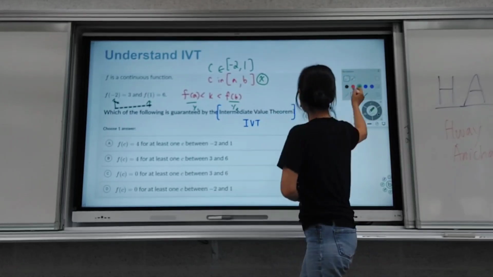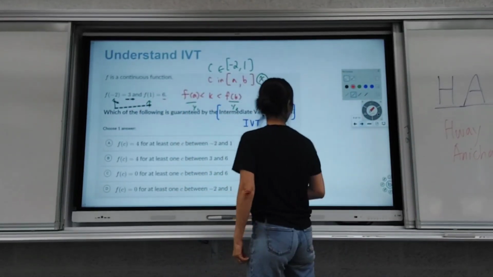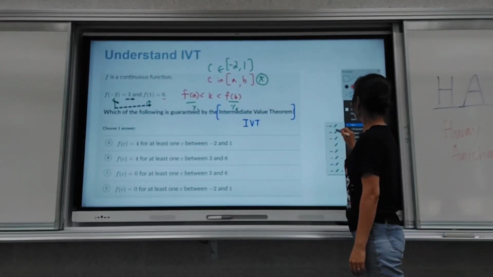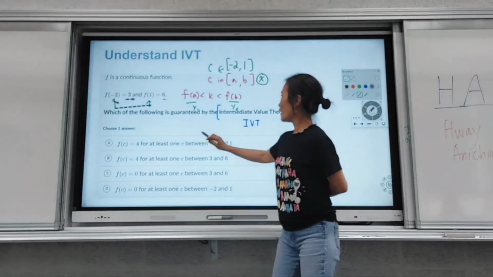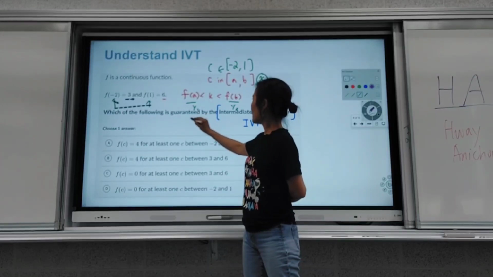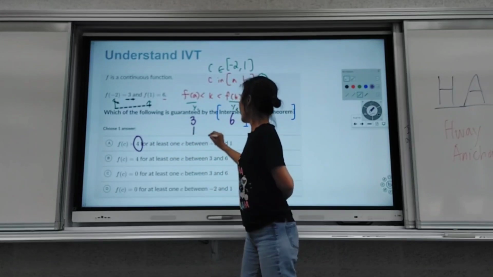We have the endpoints, right? 3 and 6. Okay, so that means you are going to find a value between 3 and 6. And 4 is in between, yes?